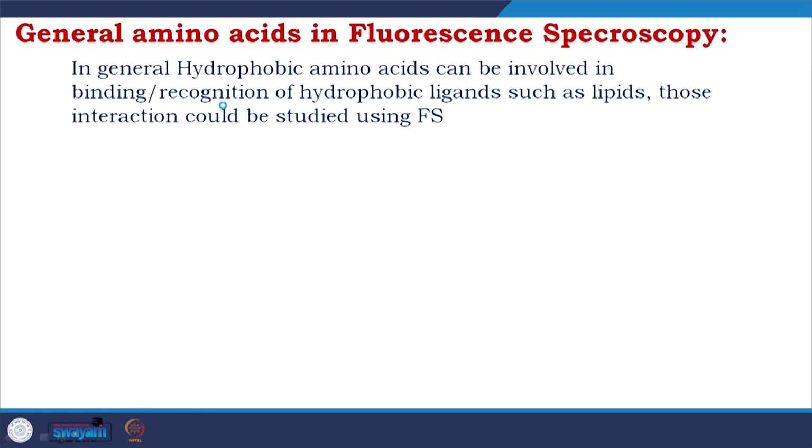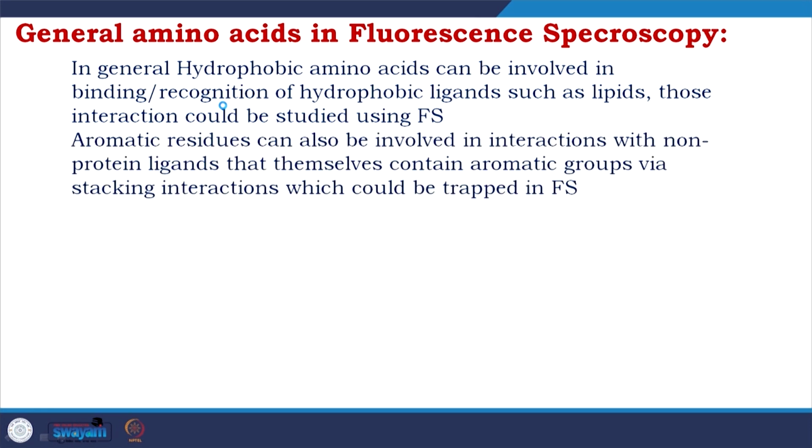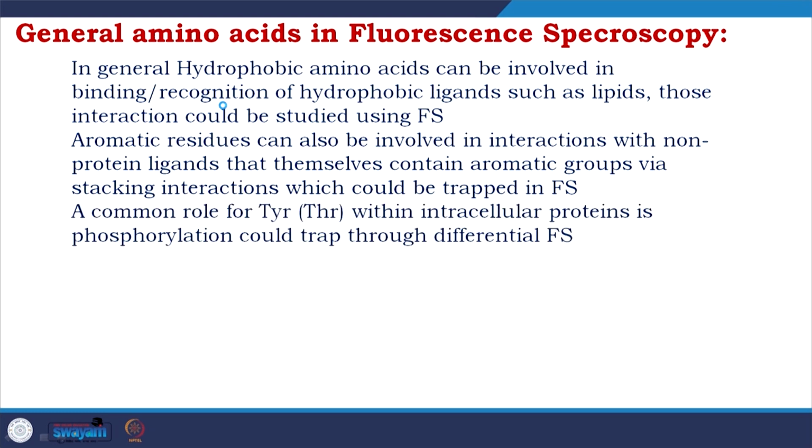So, if we look at other amino acids, in general hydrophobic amino acids can be involved in binding recognition of hydrophobic ligands such as lipids, and those interactions could be studied using fluorescence spectra if we have a proper lipid containing a fluorescent group. Aromatic residues can also be involved in interaction with non-protein ligands that themselves contain aromatic groups via stacking interaction, which could again be studied using fluorescence spectroscopy.